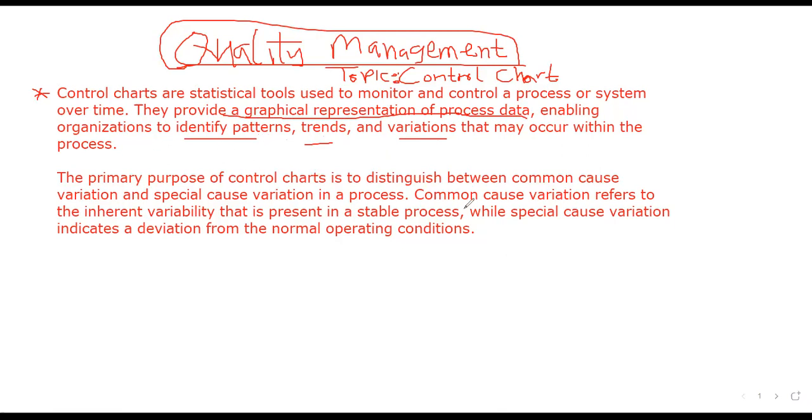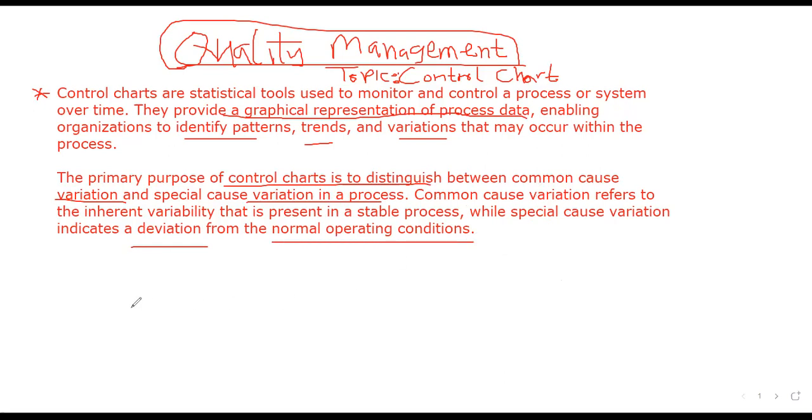The primary purpose of control charts is to distinguish common cause variations from special cause variations. Common cause variation refers to the inherent variability present in a stable process, while special cause variation indicates a deviation from the normal operating conditions.